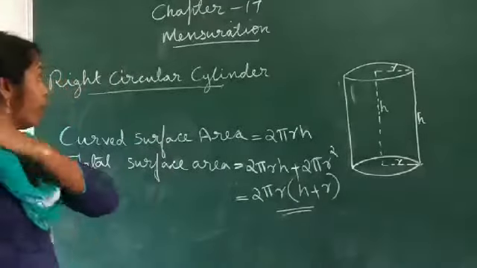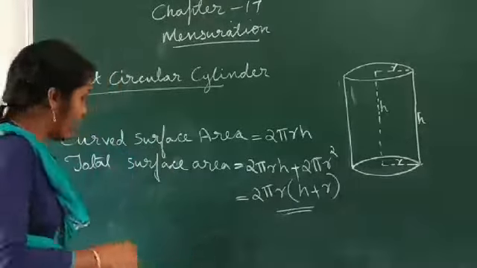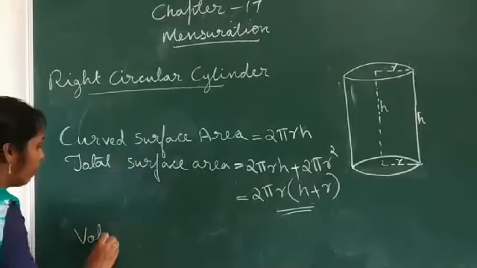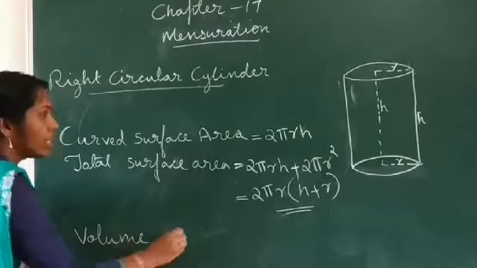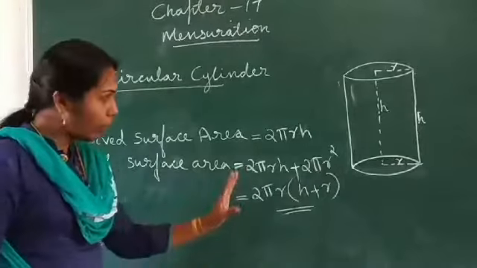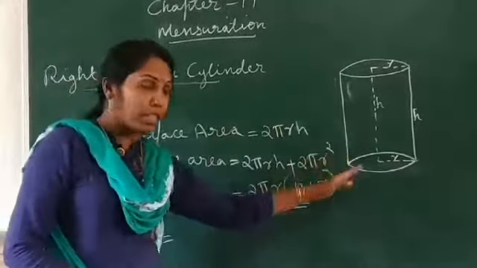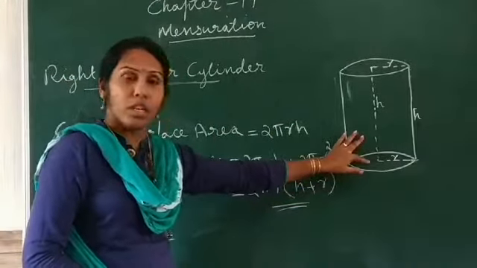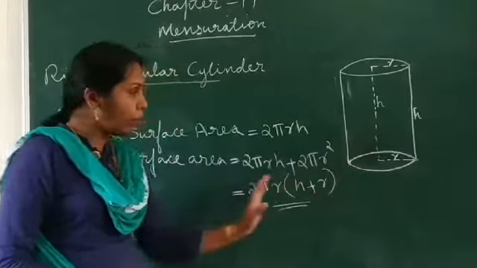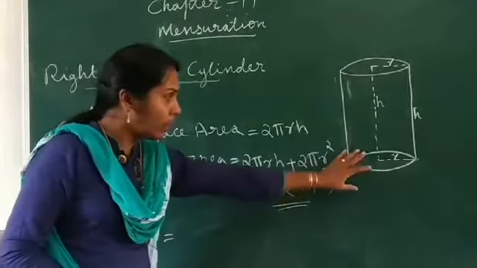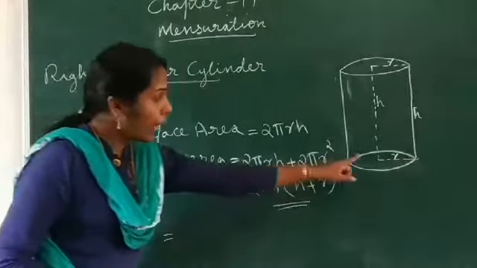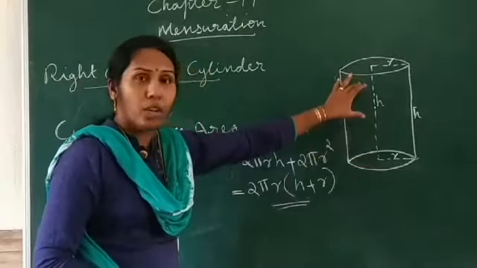Now, how can we find out the volume of a right circular cylinder? The volume of a figure whose cross sections are uniform can be obtained using the formula area of cross section into the height.